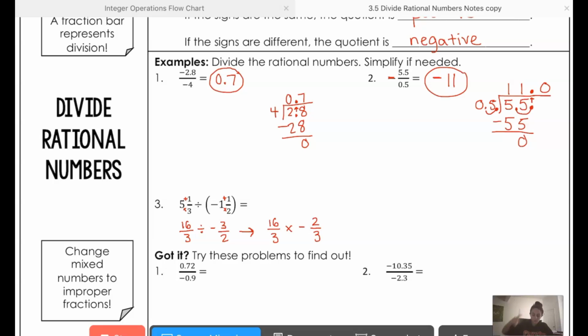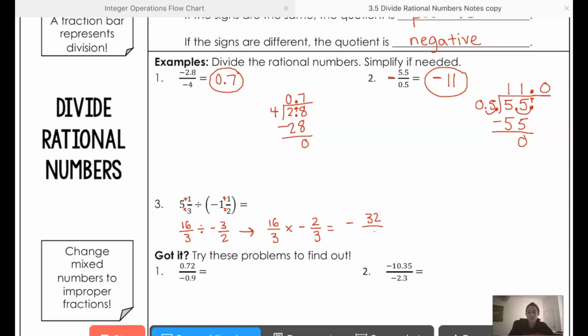We flip it, we switch the numerator and the denominator. Now we just follow our rules for multiplying fractions. First, it's a positive times a negative, so my answer will be negative. And then I can multiply across. 16 times 2 is 32, and 3 times 3 is 9.